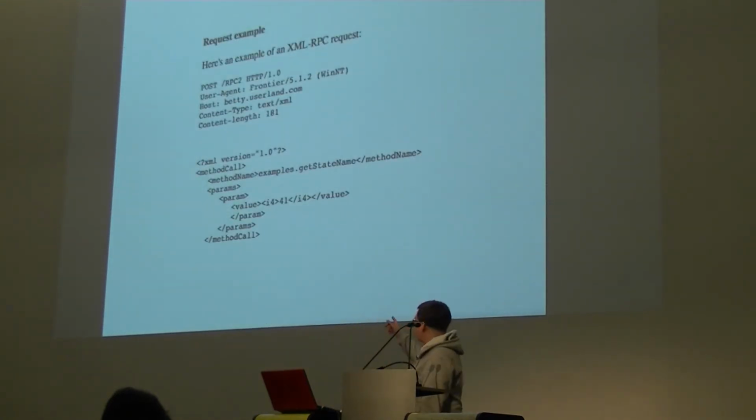This is what an XML-RPC call looks like. It might look a bit cryptic. That's one of the big problems with XML-RPC. As you can see, it's got a method name in there, it's got some parameters, but there's all this sort of boilerplate around it. It's also based on XML, which is really hard to work with.